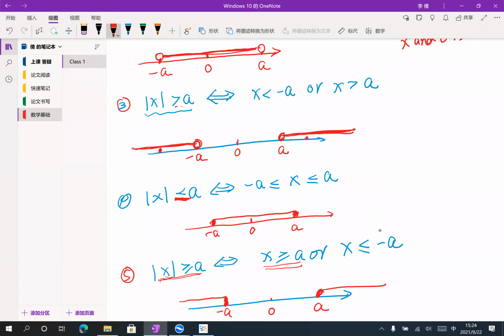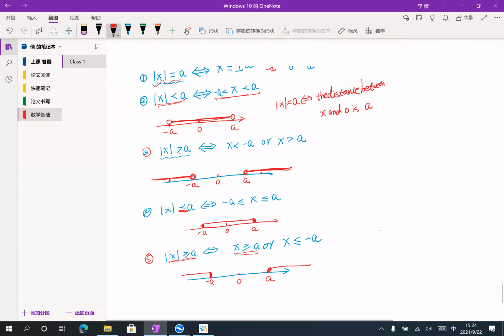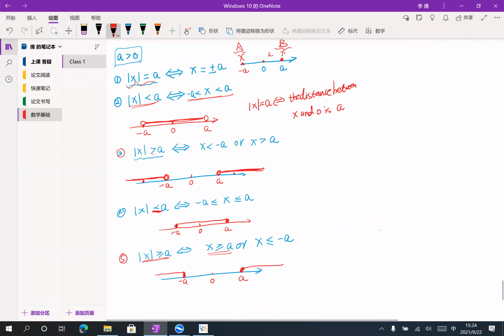So this is the solution for this absolute value inequality. Okay, those are some properties of the absolute value.